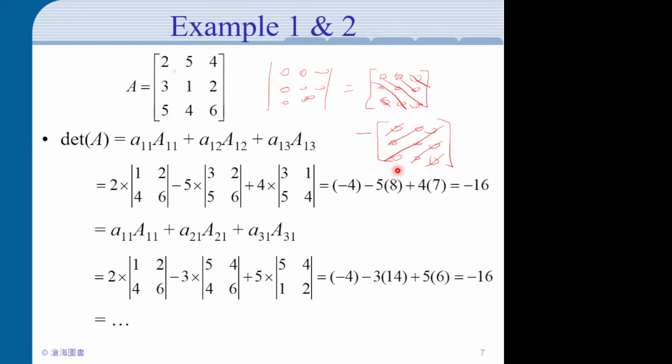So it's all possible permutations of elements where the row and the column numbers don't collide. But anyway, this is a definition that we will not use in this class.